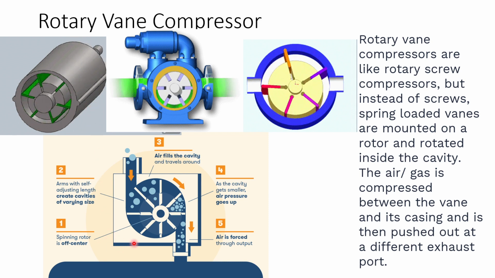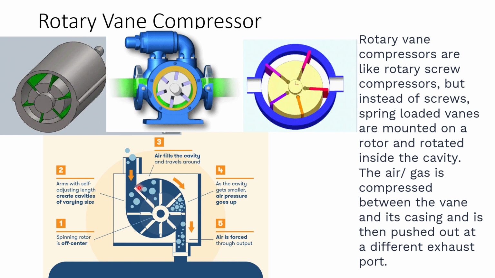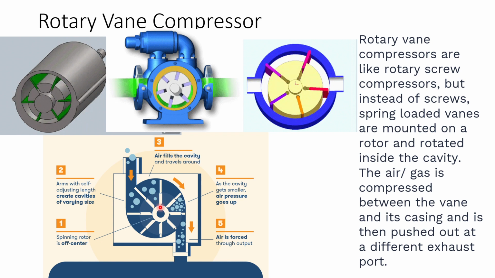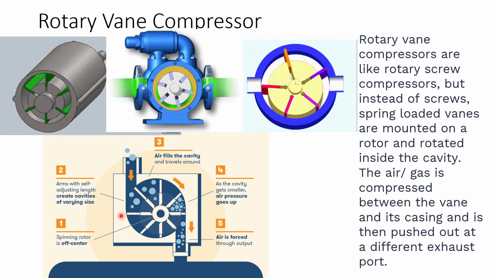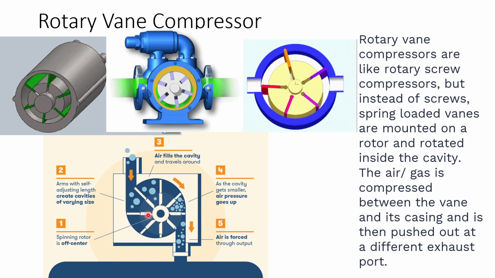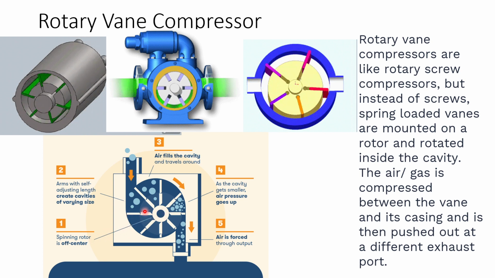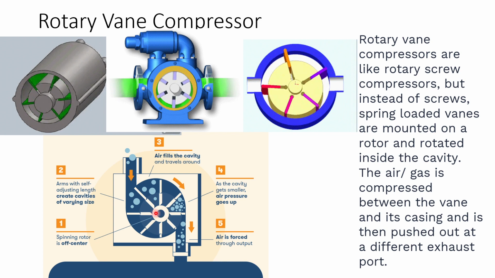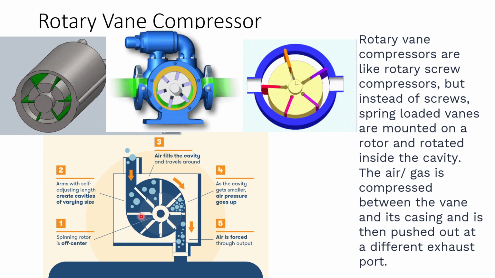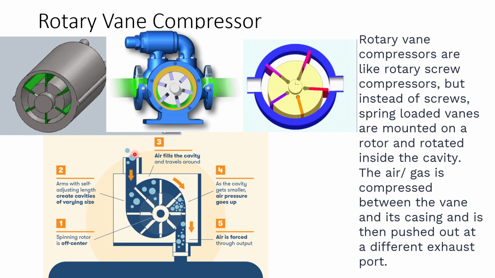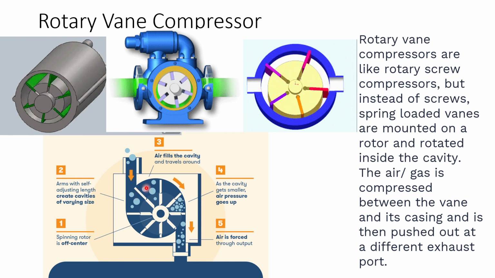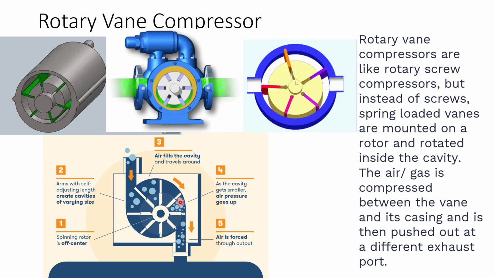So what happens is that you see all these vanes are loaded with a spring. A spring pushes them out. So when the vane on the right comes out, because this rotor center is not matching with the casing center, it is off center, the vane comes out, the air or gas is coming from here, and it is now getting pushed on the right hand side, slowly coming down.